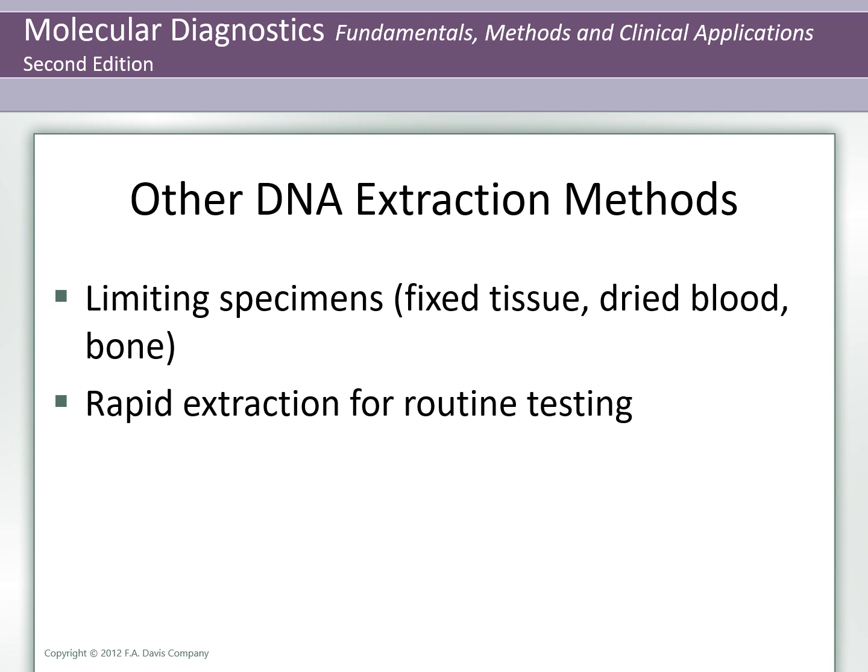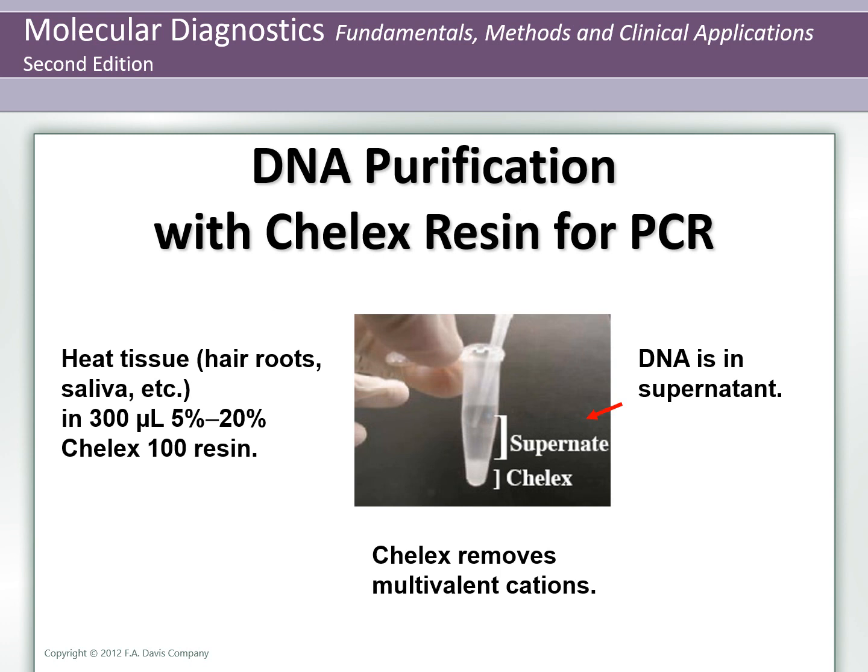With the advent of PCR, new and faster methods for DNA isolation have also been developed. The minimal sample requirements of amplification procedures allow for the use of material previously not able to be used for analysis. Rapid lysis methods provide sufficiently clean DNA that can be used for amplification. DNA purification can be performed with Chelex resin for PCR testing.